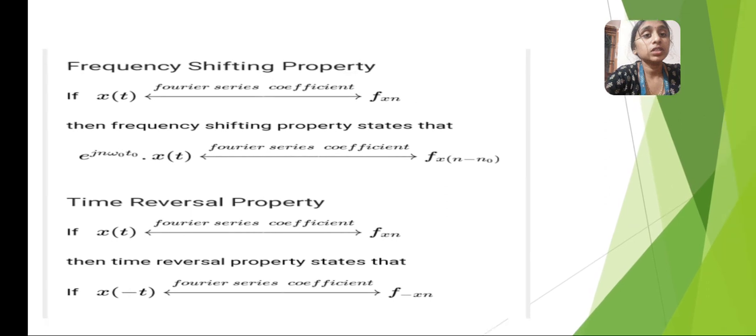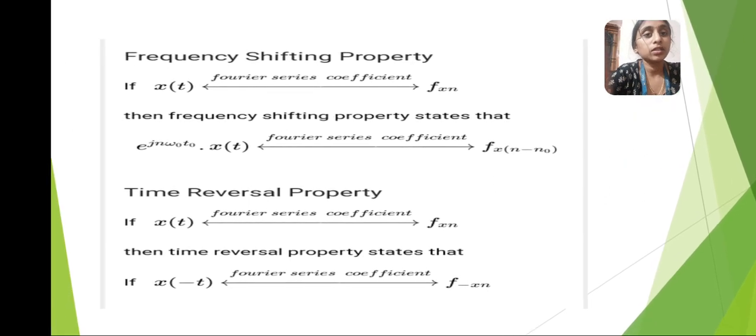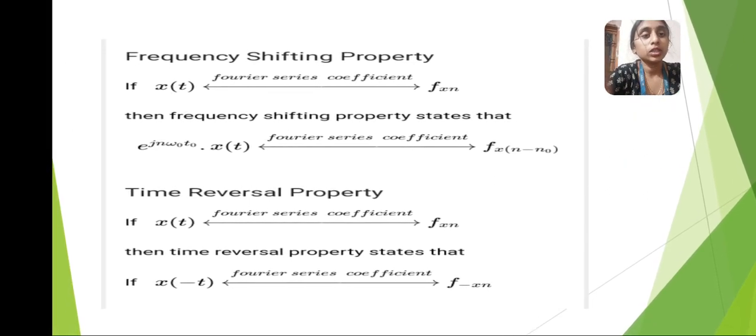Then the frequency shifting property. This is another property where x of t has Fourier series coefficient. Then e power j n naught omega naught t into x of t gives rise to the coefficient at n minus n naught.